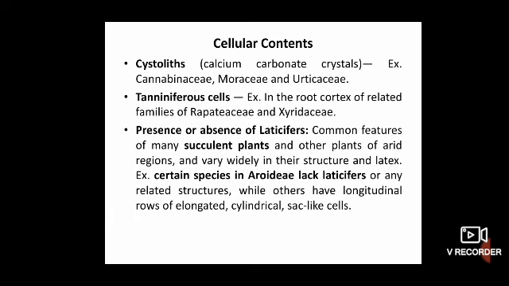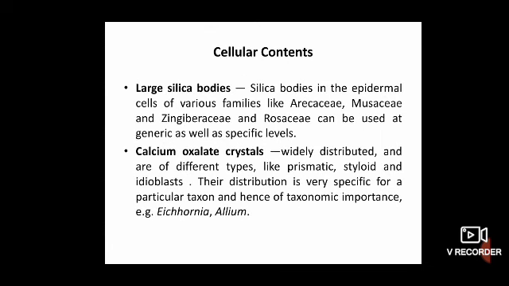There are large silica bodies. The silica bodies in the epidermal cells of various families like Ericaceae, Musaceae, Zingiberaceae, and Rosaceae can be used at generic as well as specific levels. Calcium oxalate crystals.